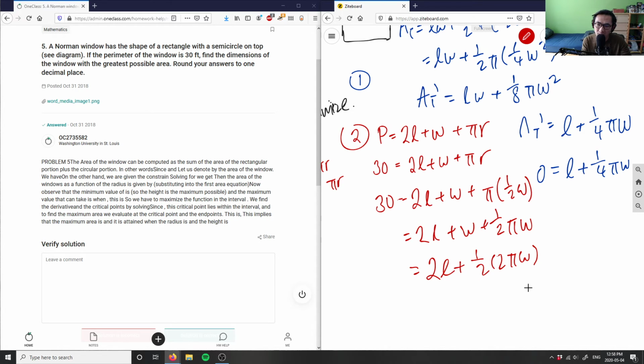I'm adding these guys here. I have pi plus 2 pi plus half pi w. Yes, so I would have half of pi, which is 0.5 times 3.14. It's 1.57 plus 1 here.